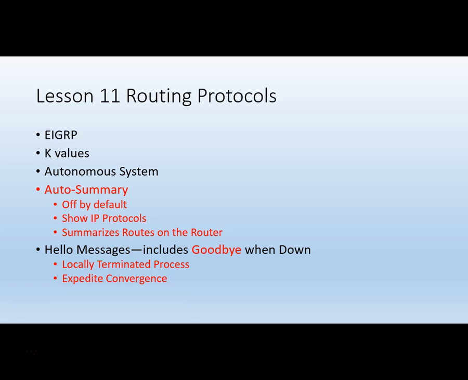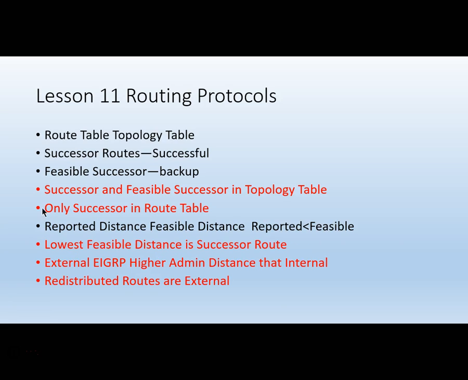What it does is tell the neighbors that we've locally terminated the process, and we use these messages to try to expedite the convergence in the network for network changes. What it tells them is to expect a topology change coming, go ahead and get ready and do it. It doesn't have to wait for the timers to expire.